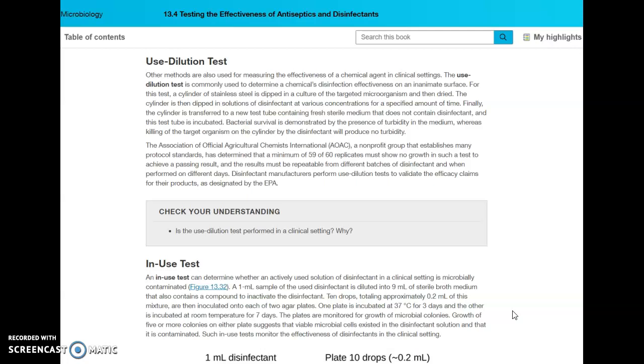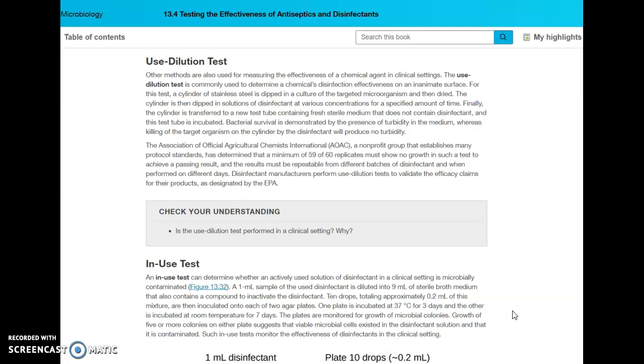Then they put that cylinder into a test tube and they incubate that and look at the turbidity, so how much growth is present in that medium. If the target organism has been killed by the disinfectant, then of course there won't be any growth in the tube, and so it will remain clear, it will not be turbid. If it's very turbid, we have a high level of turbidity, then that tells us that that disinfectant is not effective.